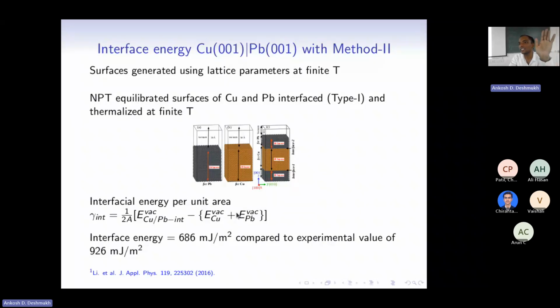That total energy contains potential energy plus kinetic energy. It gives a reasonable value for copper 001 and Pb 001 surfaces compared to the experimental value. The experimental value is 926 millijoule per meter square, and our calculated value gives 686 millijoule per meter square.